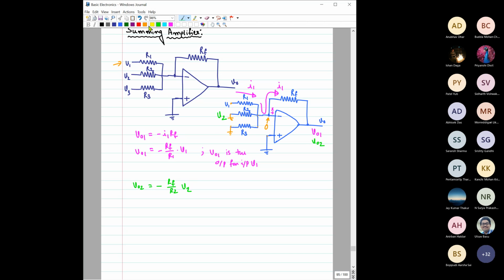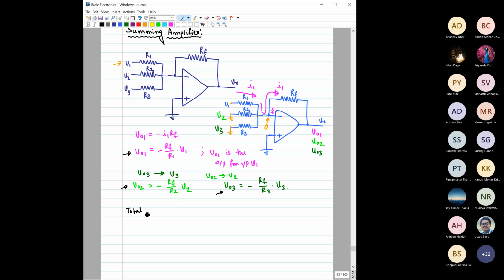Then if you apply only V3, using superposition, V03 would be equal to minus RF by R3 into V3, right? So here V03 stands for the input V3, and V02 stands for the input V2. Then we know the individual outputs for individual inputs.